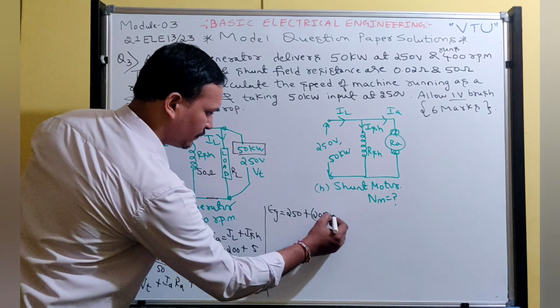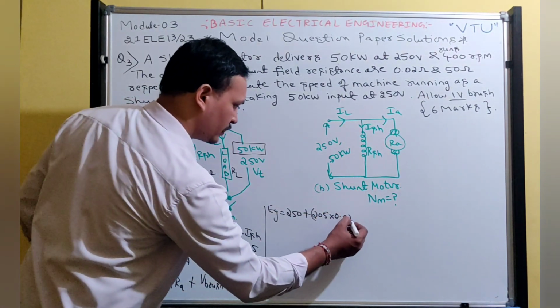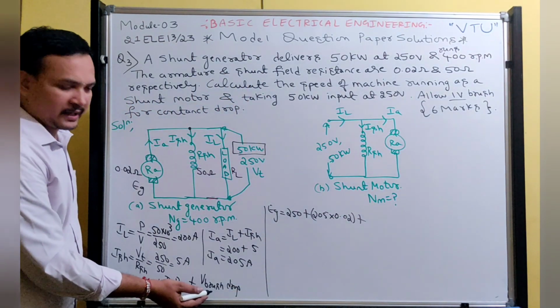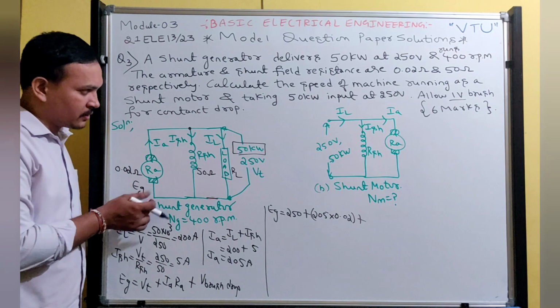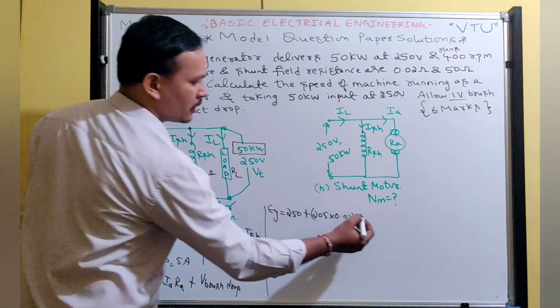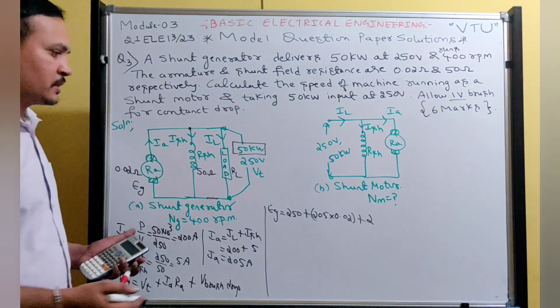205 multiplied by, what is armature resistance? 0.02, plus voltage in the brush drop contact. How many brush drop contacts? They have given 1 volt in one contact. We have 2 contacts, so the total brush drop due to contact is 2 volts.